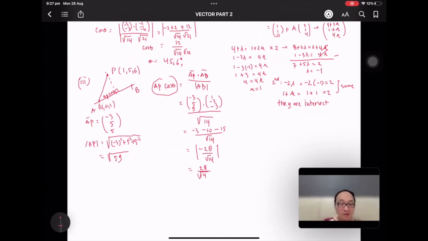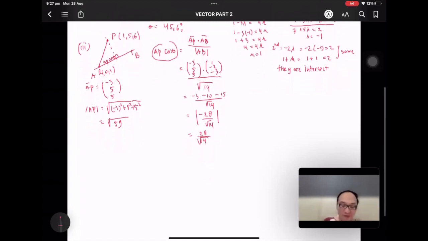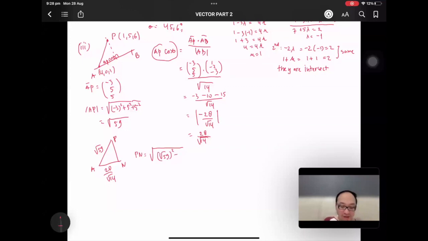That's the projection. Now, to find the perpendicular distance, we can use Pythagoras. This is the length of AP, which is root of 59, and the projection is 28 over root of 14. So the perpendicular distance PN should be the square root of root 59 squared minus 28 over root 14, squared.